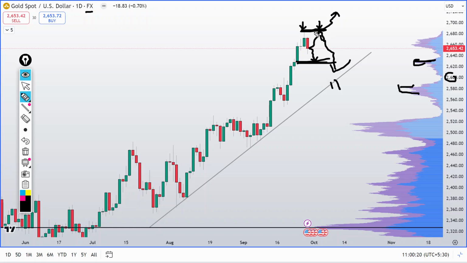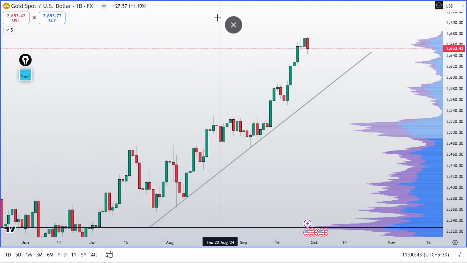For buying, we have to wait for the breakout from the previous week high. Under the previous week high and under this level, we can expect a consolidation or a downward movement toward this support trend line. So this is the scenario on the daily time frame.